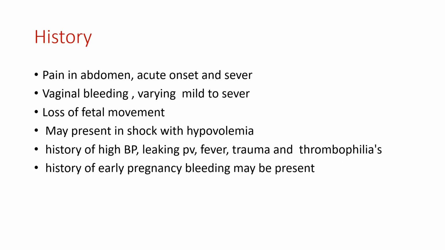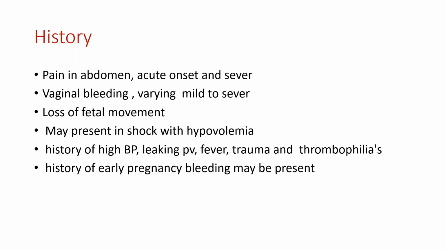So what we get in the history of a patient who comes to you with a placental abruption: she can complain of pain in the abdomen, which is acute and severe in onset, along with vaginal bleeding, which may vary from mild to severe. She can complain of loss of fetal movement from the time of pain or bleeding, and in massive hemorrhage or the severe kind of placental abruption, she may present with shock or hypovolemia.